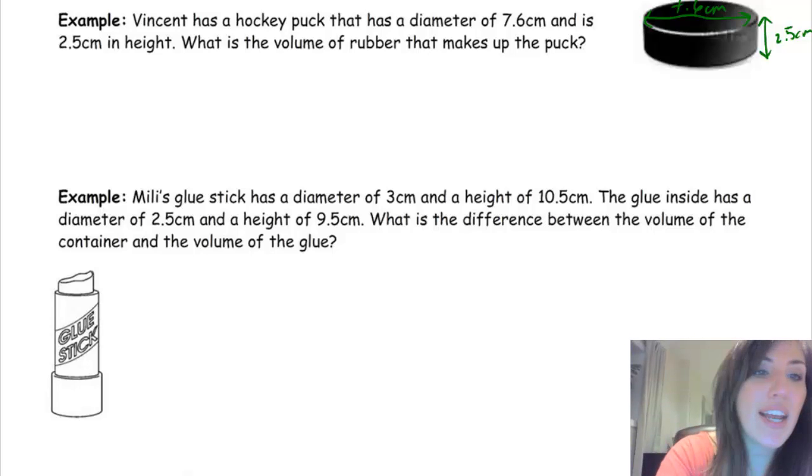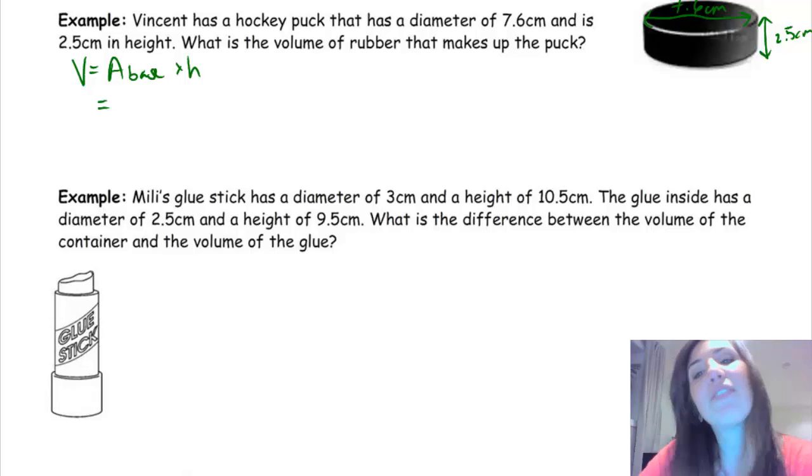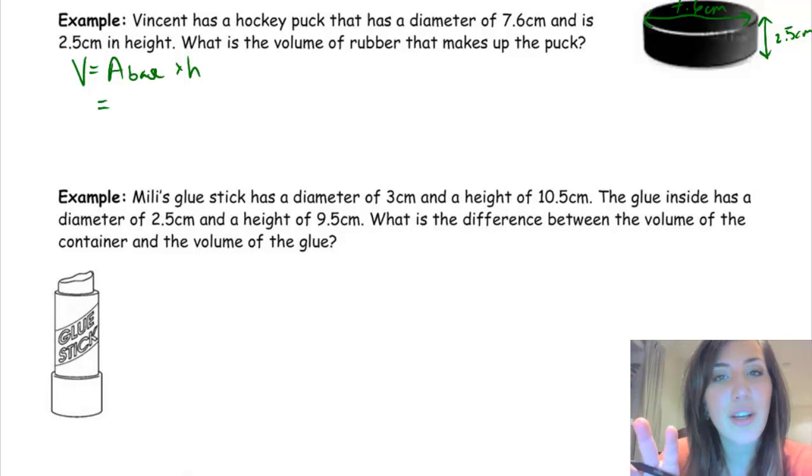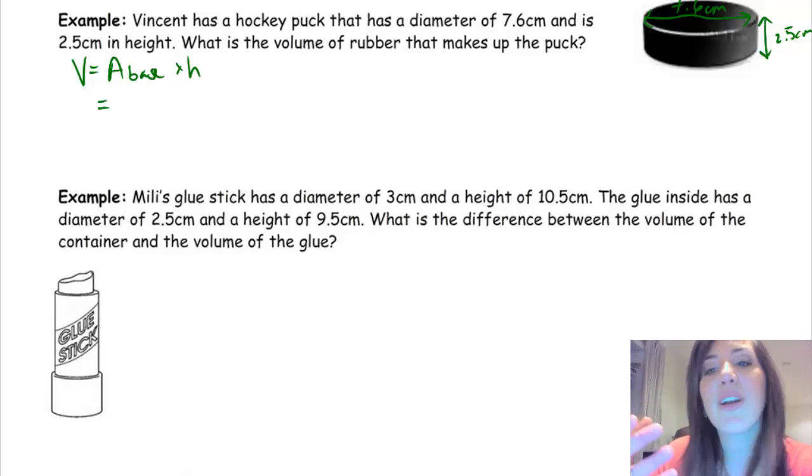So we know that volume equals area of the base times height. And the base for a cylinder must be the circular portion. Just like for the triangular prisms, the triangle was considered the base in all cases because that's the part that made it a triangular prism. Here, the circle part is the part that makes it a cylinder. So we want to talk about the base of the cylinder.